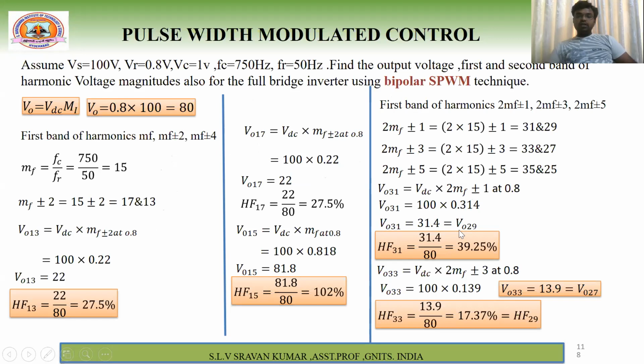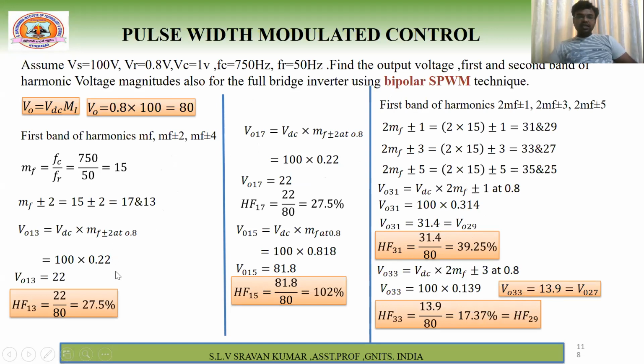So you'll get the same for V0 29. So how much did you get? 39.25%. This is for the second band of harmonics, 39.25, right? Now next one is for 33. Second one, 33. How much did you get? 17.37%. Understand what I am saying?